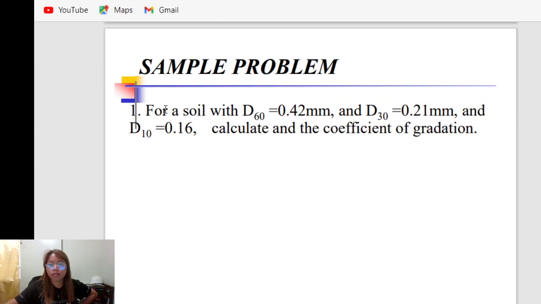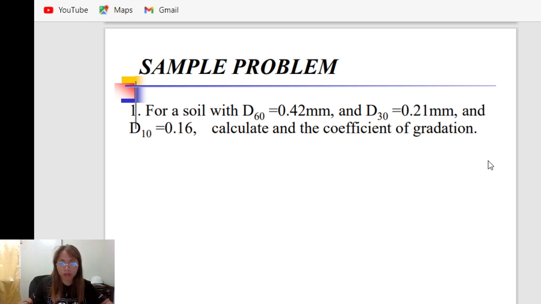Alright. This sample problem: for a soil with D60 equal to 0.42, D30 equal to 0.21, and D10 equal to 0.16 millimeter, calculate the coefficient of gradation.